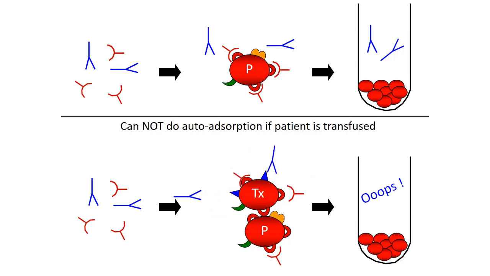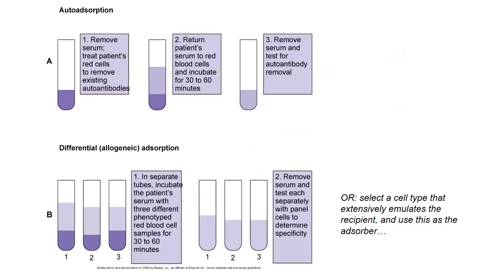This clarified plasma is over-reduced to the point of false negativity. Adsorptions, again, shown here, are treating the patient's red cells to clean the surface up so that you've got more binding sites available. Once you've cleaned up a sample of the patient's red cells, they reunite with the plasma to bind out the antibody.